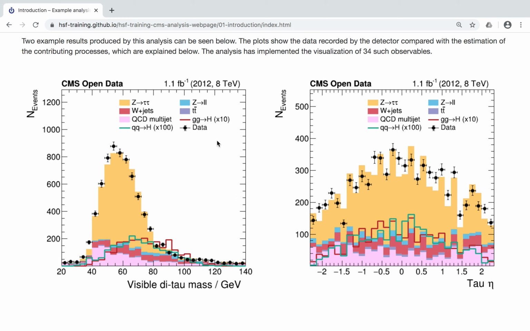What's overlaid are the GGH and QQH processes. These are not actually added up the same way that all these other backgrounds are added up. These are simply overlaid to show you the shape of the signal curve. They are scaled up quite a bit, by 10 or 100 times, because there's not a lot of data. So you would have to significantly scale up these two histograms in order to see them.